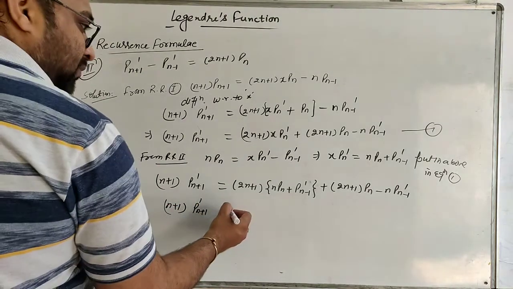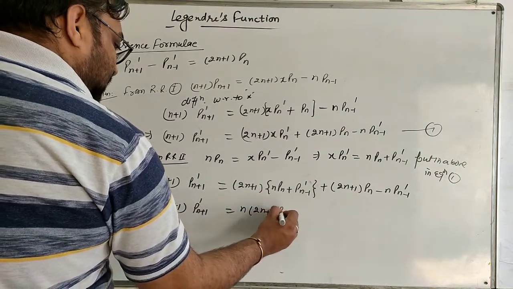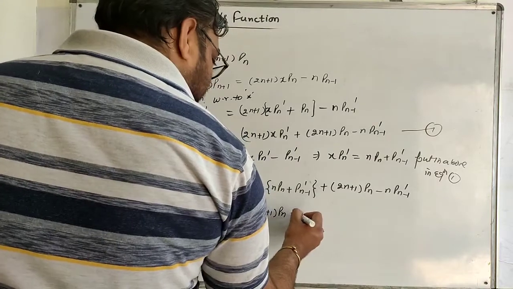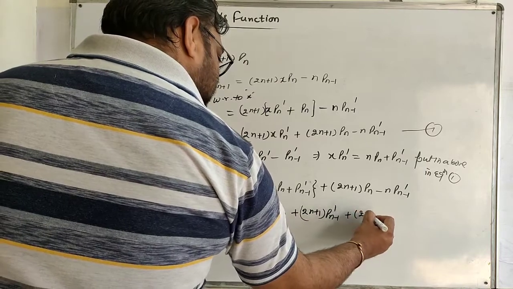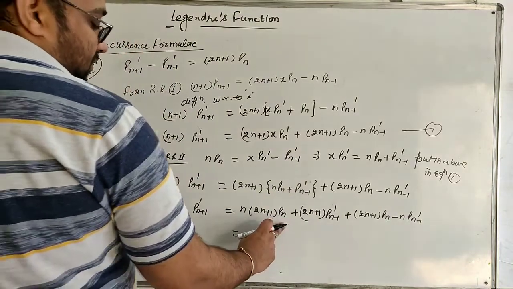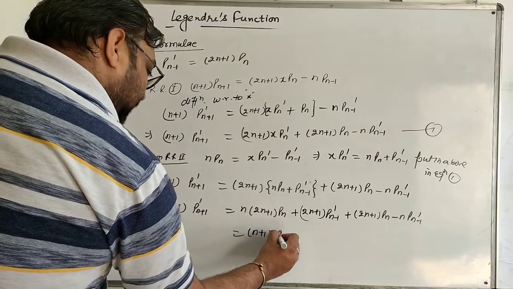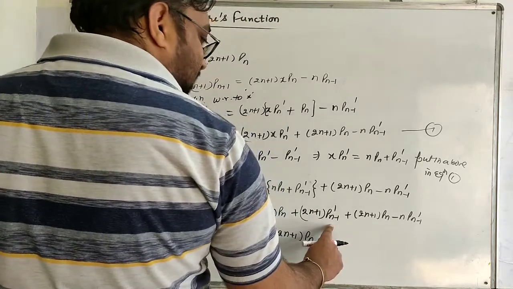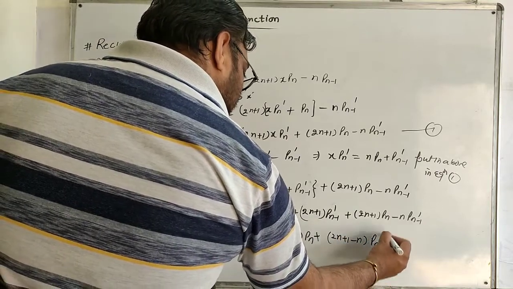or we can write it as (n+1) Pn+1' = n(2n+1) Pn + (2n+1) Pn-1' + (2n+1) Pn - n Pn-1', or taking Pn as common and 2n+1 also common, so (n+1)(2n+1) Pn, and same as taking Pn-1' as common, we get (2n+1-n) Pn-1'.